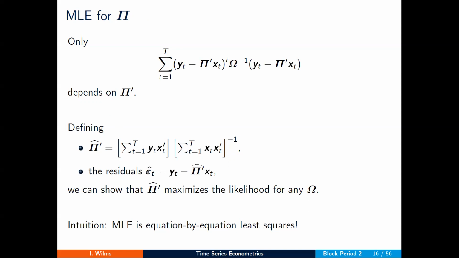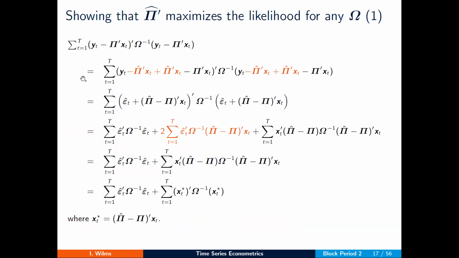So by regressing y1 on all the lagged values to get its corresponding parameter coefficients, then regressing y2 on all the lagged values to get the coefficients in the second equation, and so on, all the way up until the last equation. Now, of course, we still need to show that this value of Pi maximizes the log likelihood for any value of Omega. And that is what we will do on the next slide.